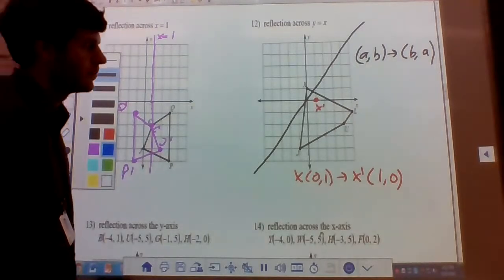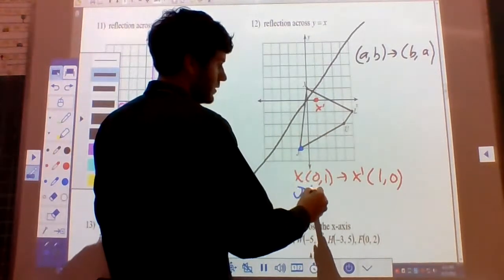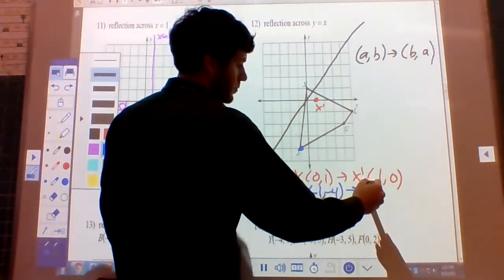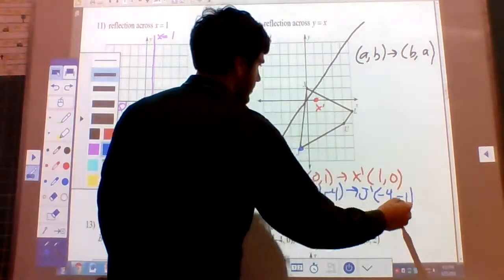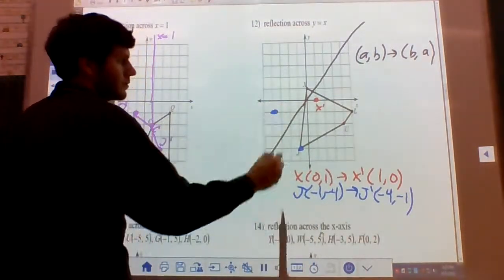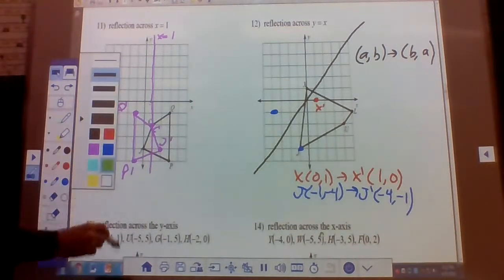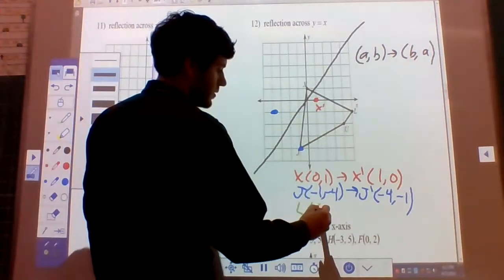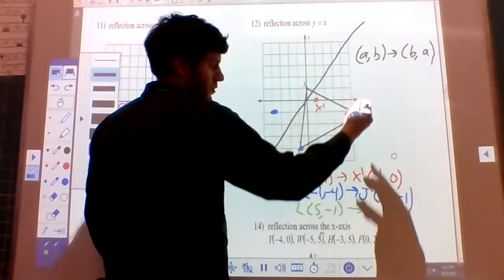And then let's just do J. So J is (-1, -4). If we swap the places, J prime is going to be (-4, -1). Which is right here. L is (5, -1). So if we use our mapping notation, all we're doing is swapping the places.